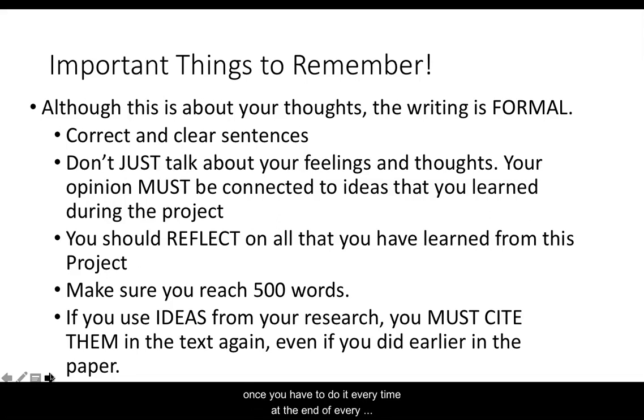Even if you already did it once, you have to do it every time at the end of every sentence that you do it. That's the only way that you can make sure that you are covering yourself to avoid any claims of plagiarism or academic dishonesty.